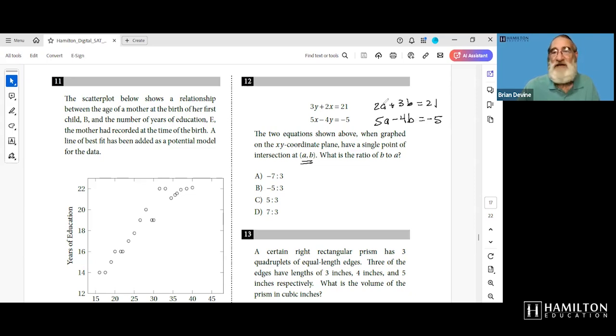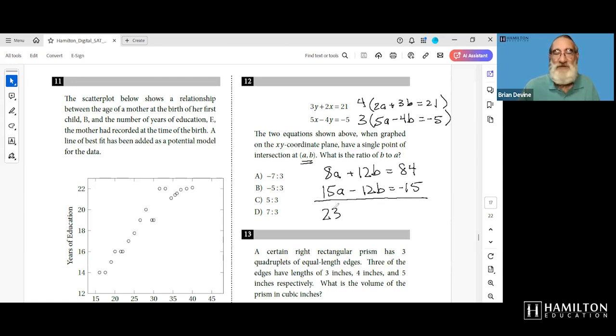I'm going to take 4 times the first equation, which will give me 8A plus 12B equals 84. And then I'll take 3 times the second equation, and that'll give me 15A minus 12B equals -15, and then just add those together.